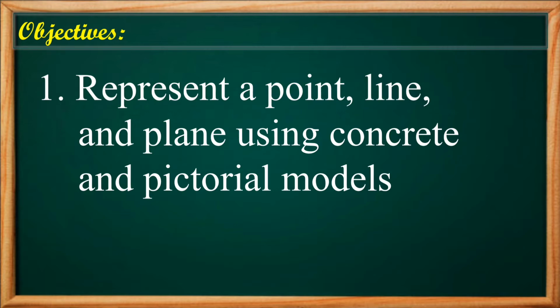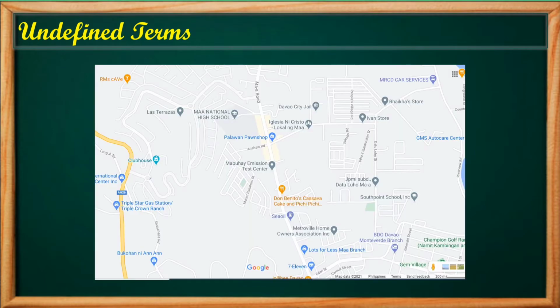Bakit siya tinatawag na undefined terms? Mamaya malalaman natin bakit sila undefined terms. Okay. For example, if we have here our map, kinuha natin sa Google Map, then if we try to look at that one, makikita natin yung mga different lines sa map.